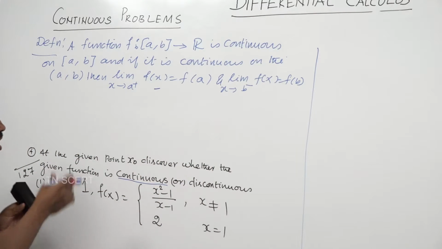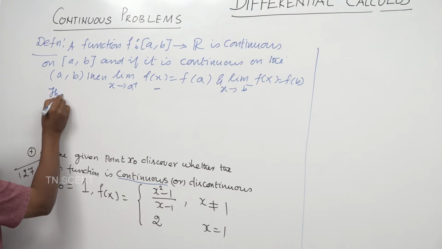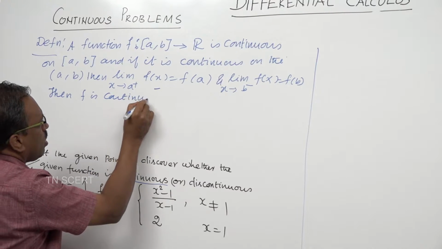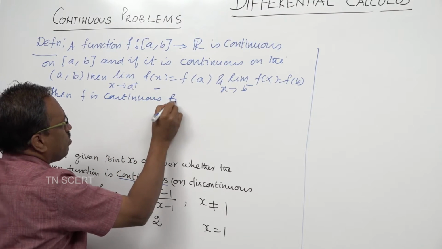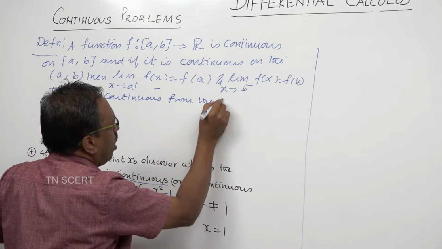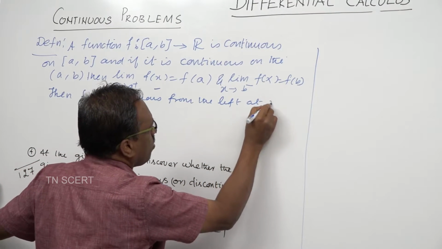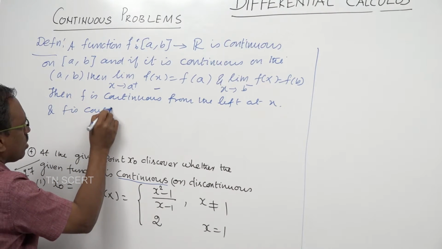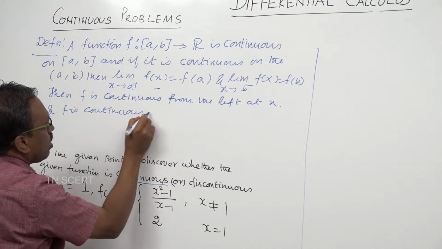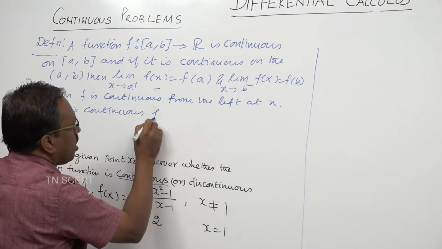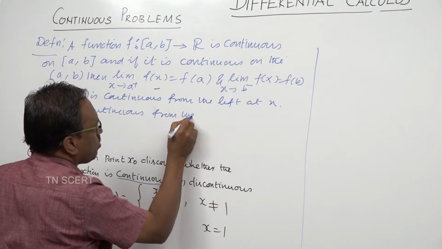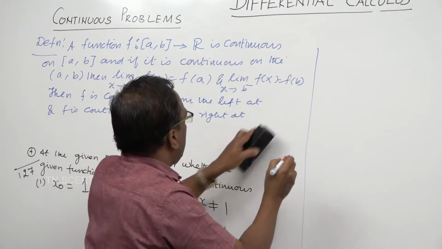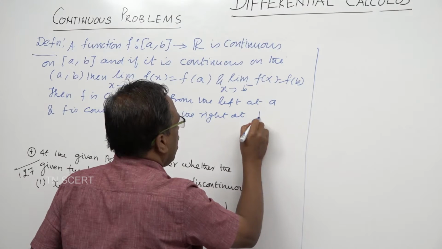So f is continuous from the right at a, and f is continuous from the left at b.